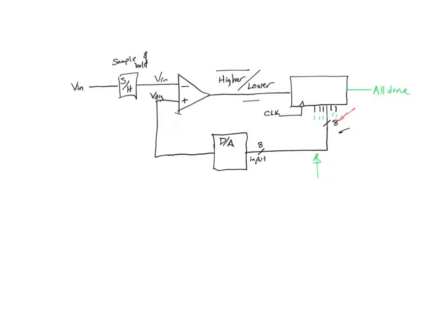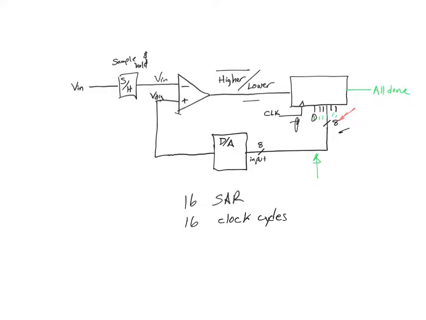If you look at how this is going, every time you hit the clock cycle right here, you can do a comparison with your next bit and figure out whether to flip it high or low. So to do a 16-bit SAR, how long does it take to go through all 16 bits? It takes 16 clock cycles.